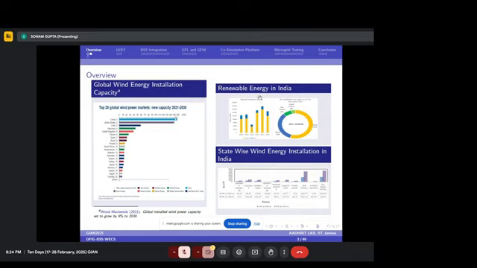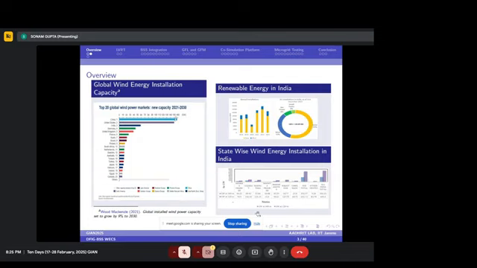If we look into renewable energy in India, solar has an installation share of 55%, and wind has 33%, as of 31st December 2023. And if we look into the state-wise wind energy installation in India, 7 states are outperforming in wind energy installation, and that also depends upon the installation height, like 100-meter height or 120-meter height.